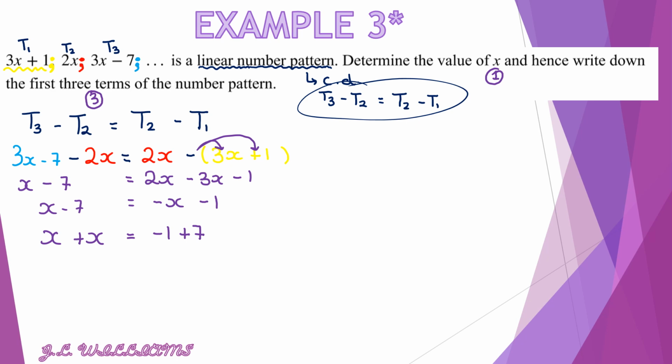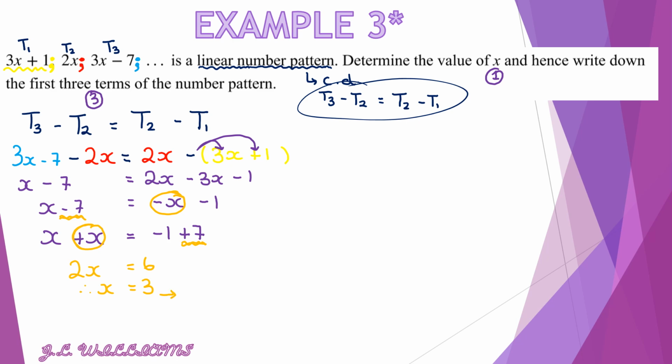Okay, to make it obvious where those changes happened, this was added on the left hand side, and this was added on the right hand side. And so now what remains is 2x equal to 6, and so therefore x is equal to 3.